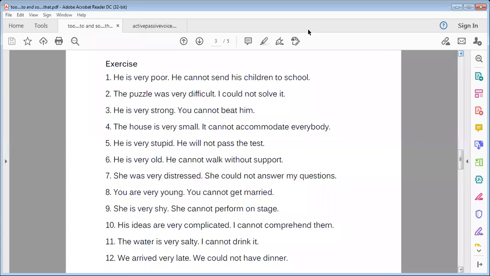Clear? Join first 6 sentences using to structure and next 6 using so that. And if you have doubts, you can ask me in the chat box. I'll solve your doubts.